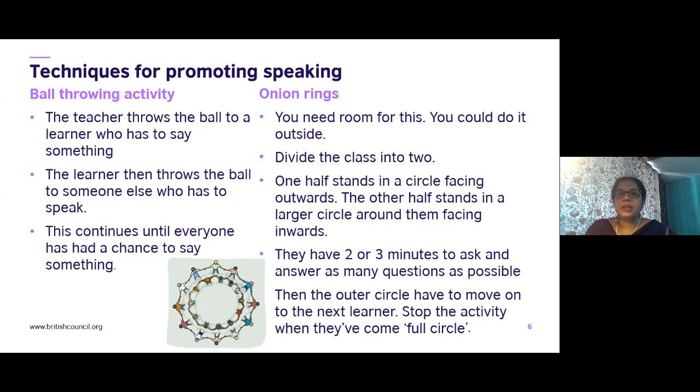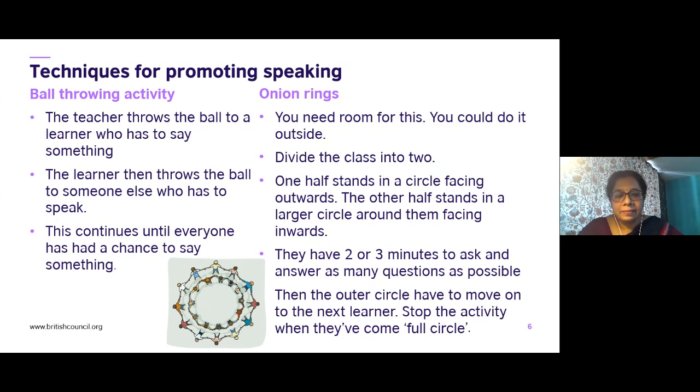Or another example could be asking for information. This could be in a situation where students are, say, visiting a shop or a mall and asking about the price of something that they see.